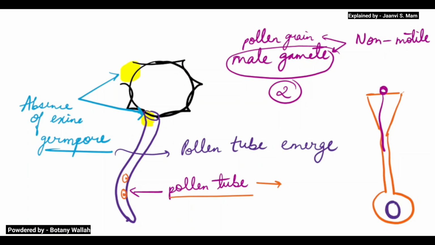Embryo sac will be there, and this pollen tube will go and carry itself towards the egg. It will carry two male gametes towards the egg. So pollen tube is important.